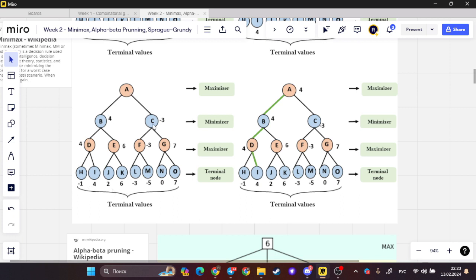We start to calculate this one. Okay, we climb down to the leaves, and here we have 4, and here we have -3.